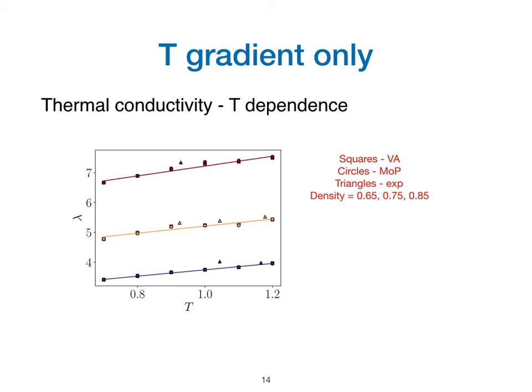So when we only have the temperature gradient, the thermal conductivity depends on the temperature, and again we find that the volume averaged and method of planes results agree very well, and both of those agree quite well with the experimental results, which are the triangles for the three different values of the density.